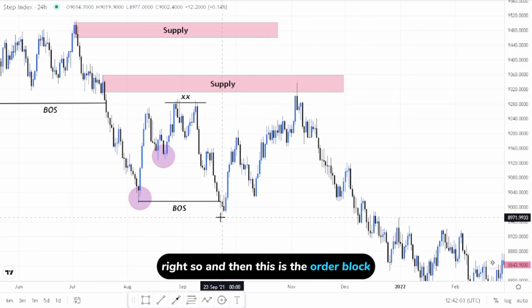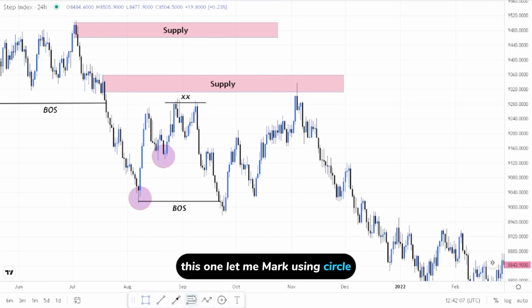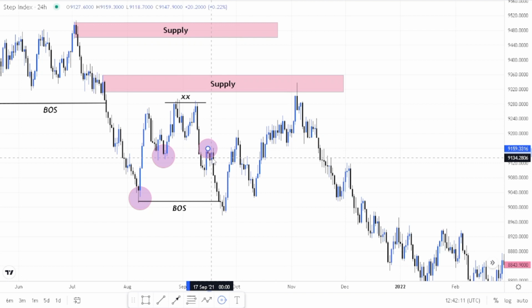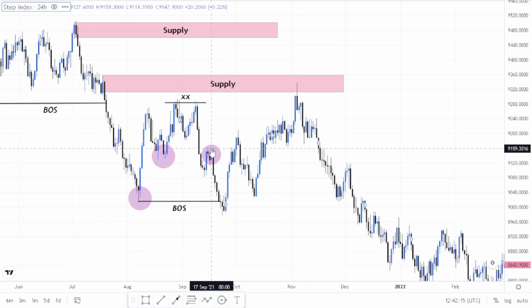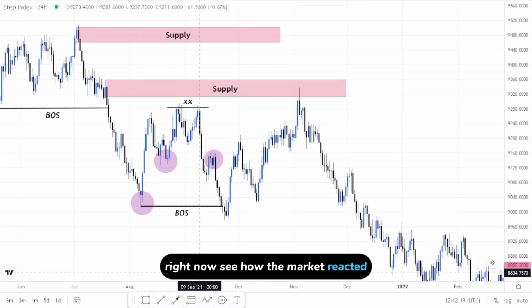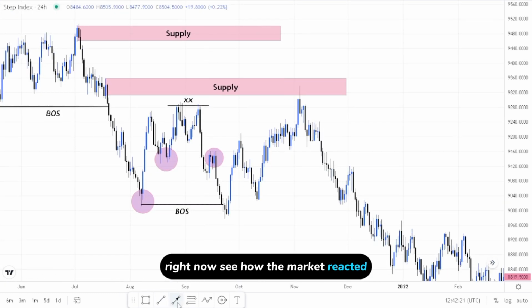Right. So, and then this is the order block. This one, let me mark using a circle. This order block is the one which caused this break of structure, this supply area right here. Right, now let's see how the market reacted.